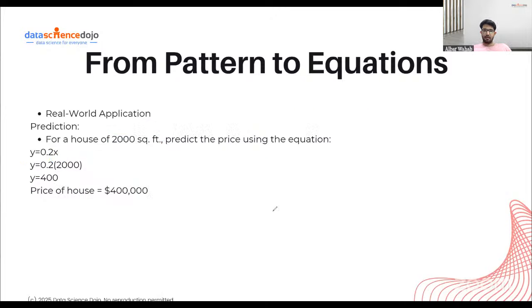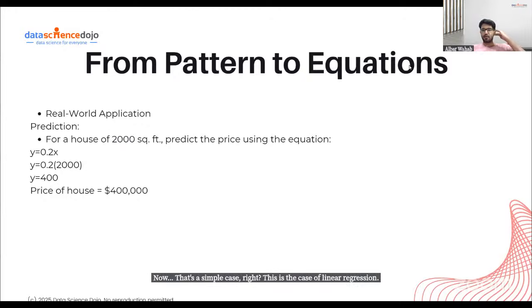Now, that's a simple case, right? This is the case of linear regression, where your equation can be simplified into a linear line. Whatever pattern that you're seeing is linear. Now, that might not always be the case. Your equations can be polynomial, and there are other cases that you can end up with.